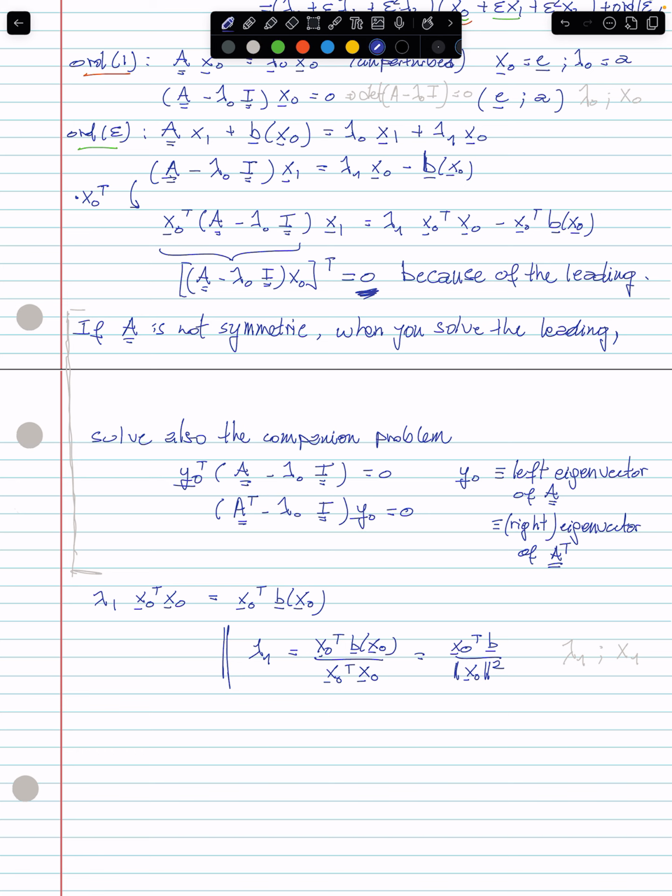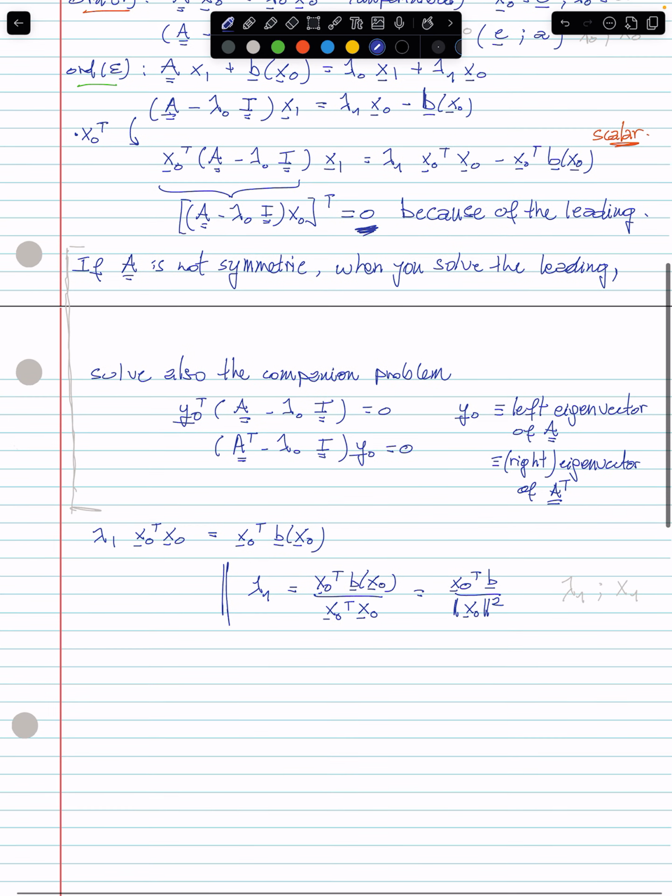So we return to the original equation before having projected on x0, because we need a set of equations now, and we don't need a scalar equation. Of course, you notice that this was a scalar equation, which could provide us the scalar unknown lambda 1.